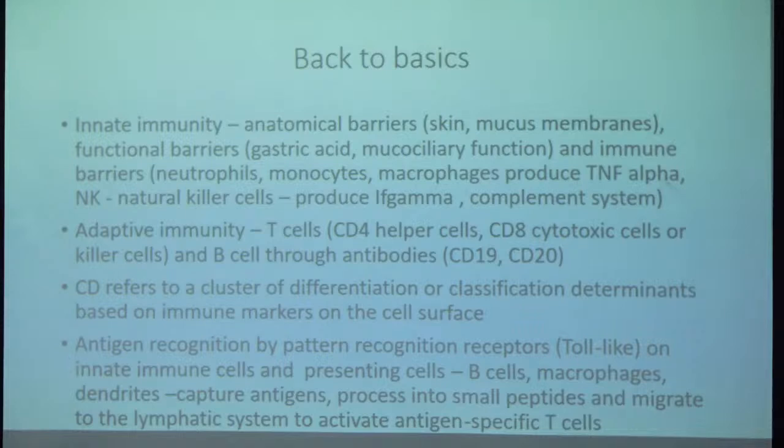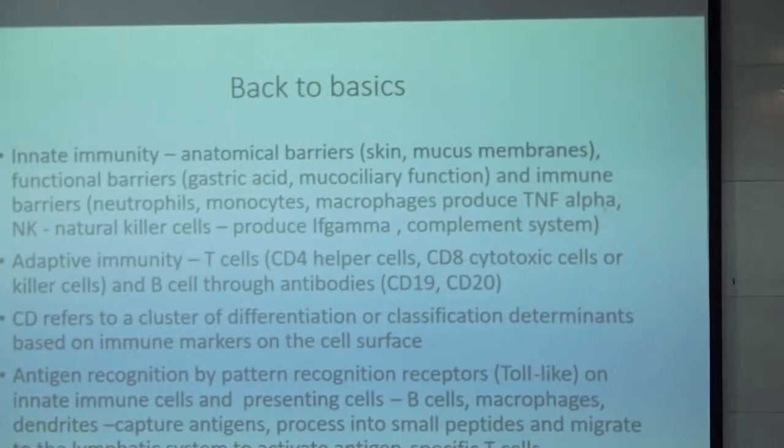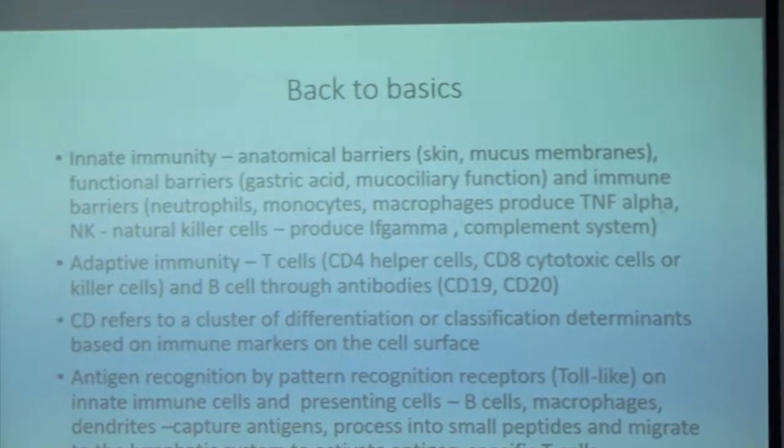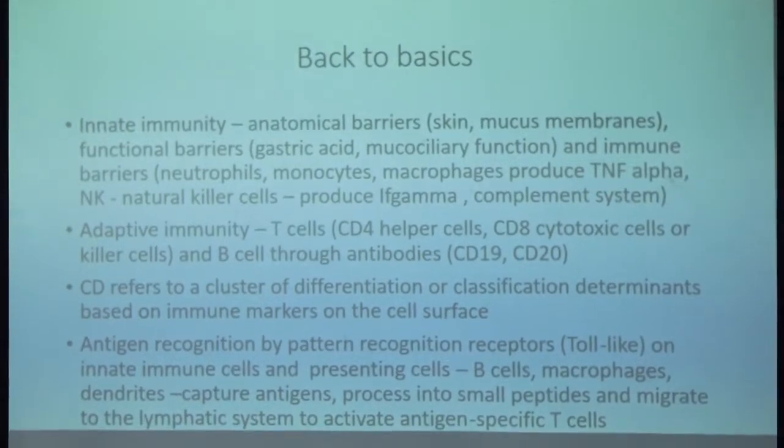These are something similar, because each organism has some kind of a pattern which these pattern recognition receptors pick up. Toll-like receptors are just one of them. They are largely in the intestines, but there are multiple such subtypes of pattern recognition receptors.